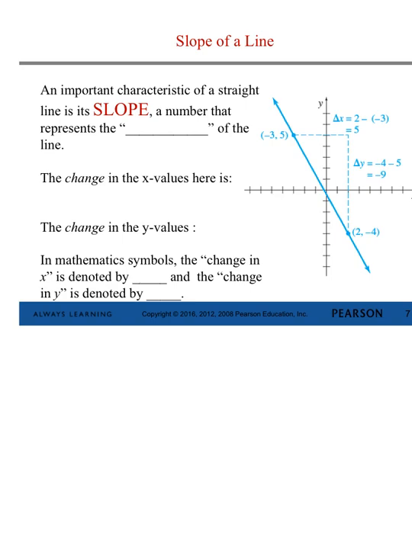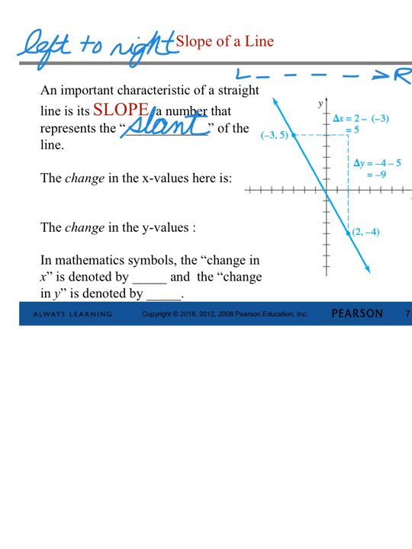So here we have the explanation of a very important characteristic of a line called the slope of a line. And this characteristic is a number that represents the slant of a line. And when we read that slant, remember, as we read in normal English, we're reading from left to right, which means that we're going to read the slant of the line going across the page from left to right.